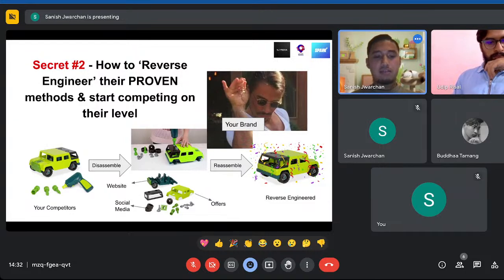But if you want to make the same toy car or similar, or even better, take that toy car concept, break it apart, disassemble it, and then add your own touches, your own unique points, what you have in your business, how can you make it better, and then reassemble it again. If you do that, it's essentially reverse engineering your competitors or other businesses out there who you want to represent.